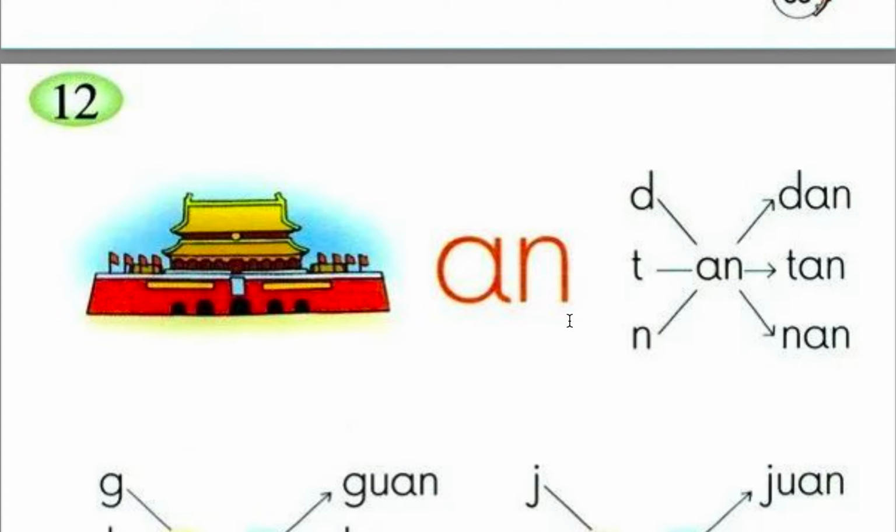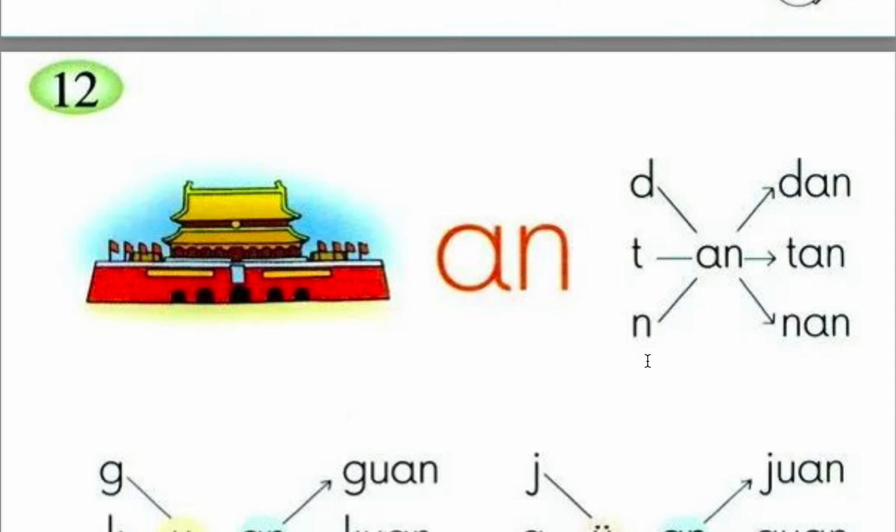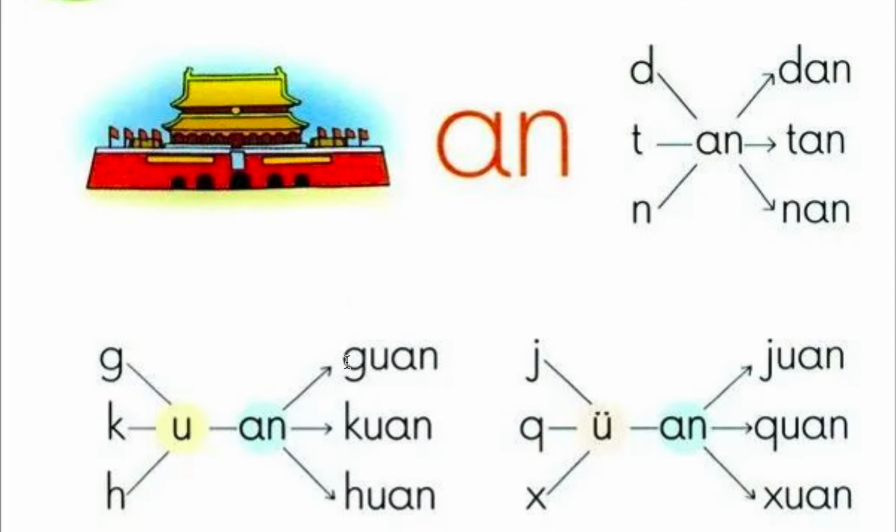Four tones would be an, an, an, an. I try to combine these together, spell this. D-an, dan, t-an, tan, n-an, nan. Okay, you see we also have these three parts here.